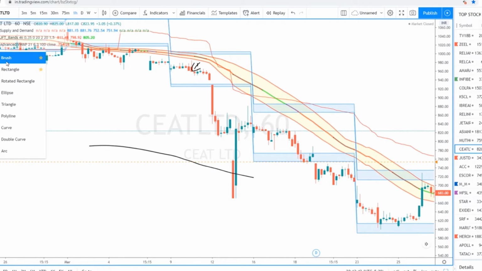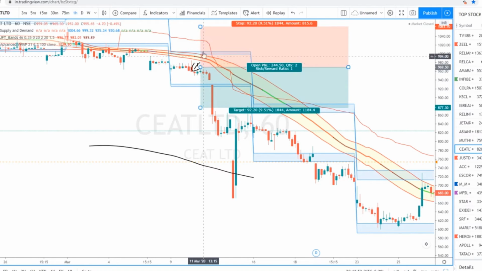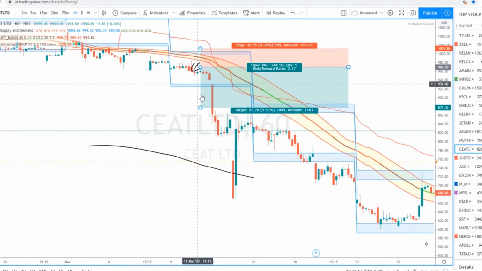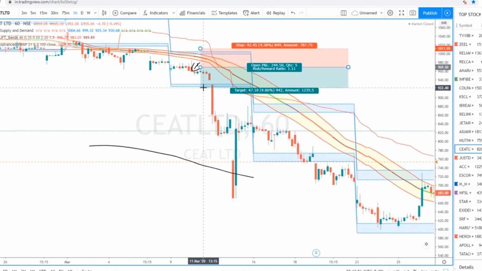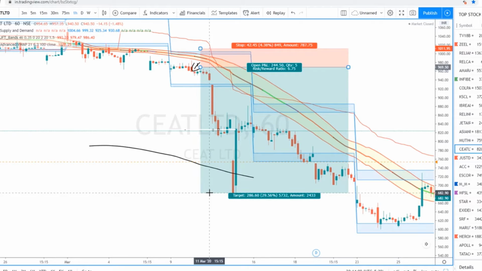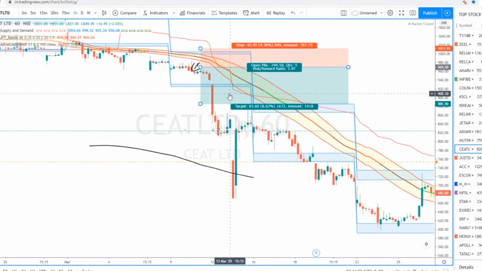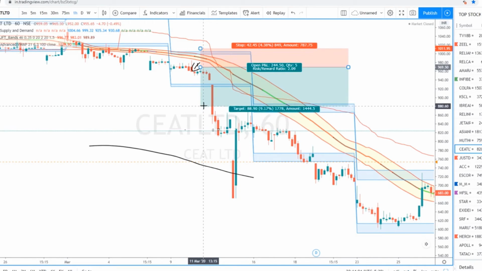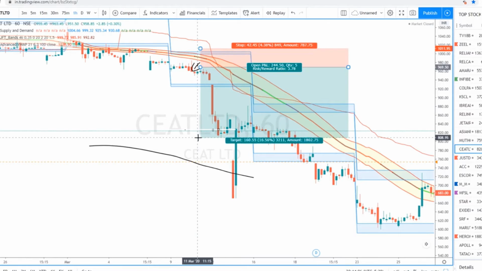Look at the fall. The exit is totally dependent on your risk appetite. That should be decided by you. Let's consider the example for me. Let's say I'm going short here. My risk is this much, so my profit would be at least 1:1 or 1:2. Here it has given 1:6 or something like that, but let's be very conservative and book at 1:2 or 1:3.